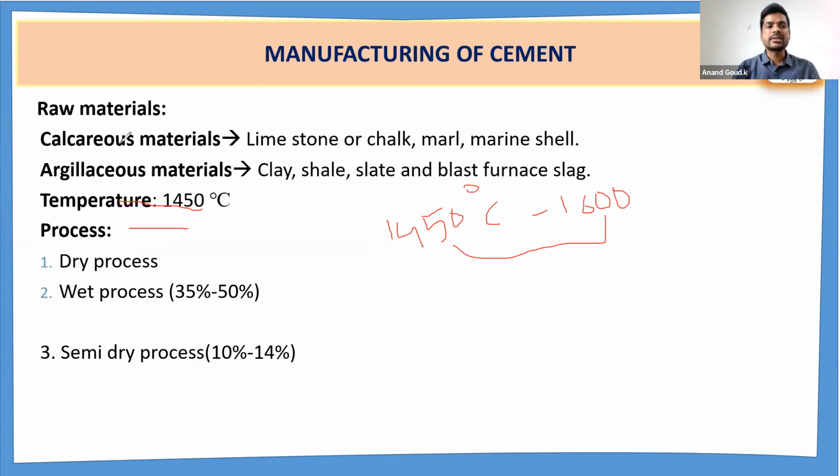After taking raw materials like calcareous materials and argillaceous materials, these two materials are ground into fine powder, and then we apply temperature and burn these materials, and you will get a powder-like material that is called cement. So at what temperature do we burn those raw materials? 1450 degrees Celsius to 1600 degrees Celsius.